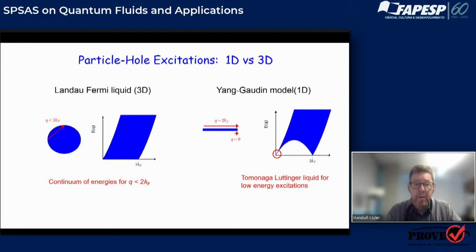Now, the particle-hole excitations in 3D in the Landau-Fermi liquid theory can be understood from looking at the Fermi surface, the Fermi sphere. This circle represents a sphere in 3 dimensions.